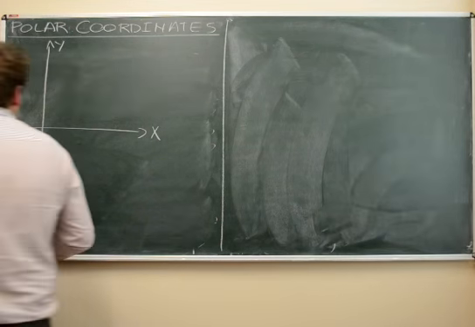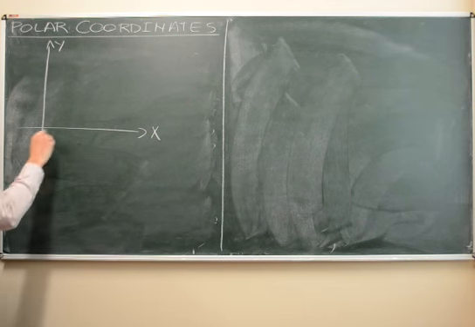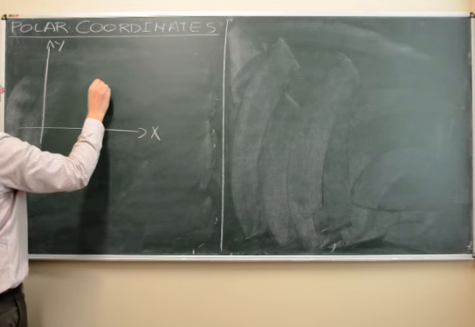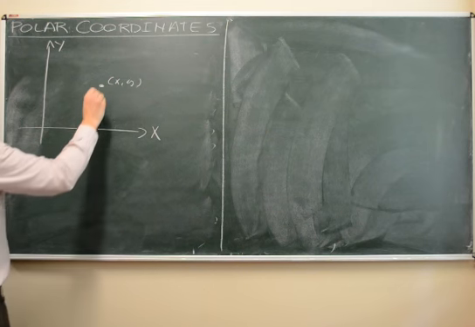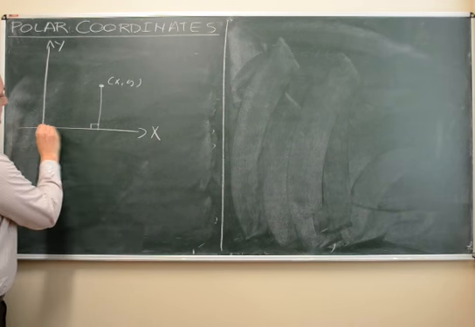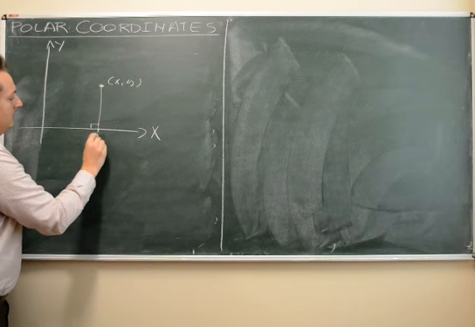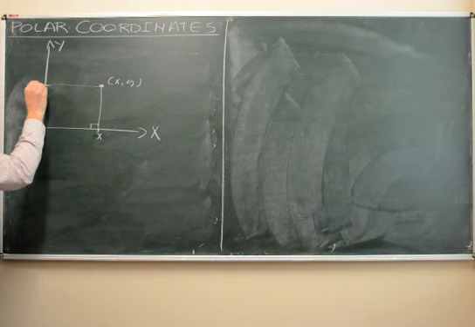The traditional way of doing this, which we've been using throughout this course and you've been using for a long time, is to say you have an x-y axis, and if you take a point there and it has coordinates x, y, meaning if you drop a line from this point perpendicular to the x-axis, then it will intersect the x-axis at a distance x. And if you do the same for the y-axis, then it will intersect the y-axis at a distance y.